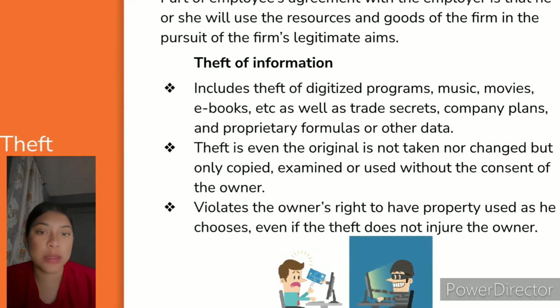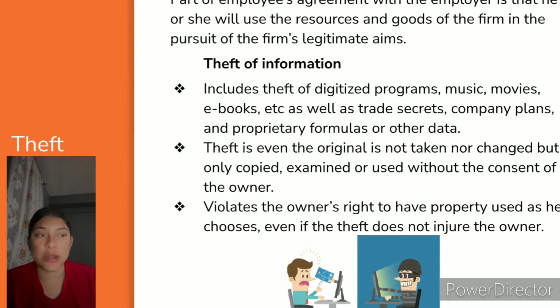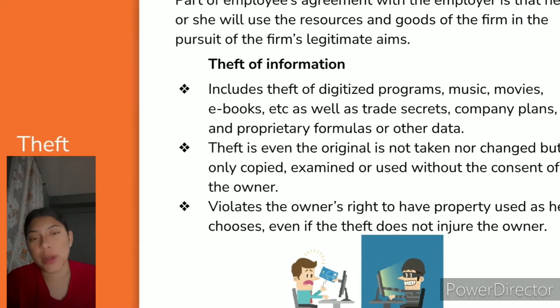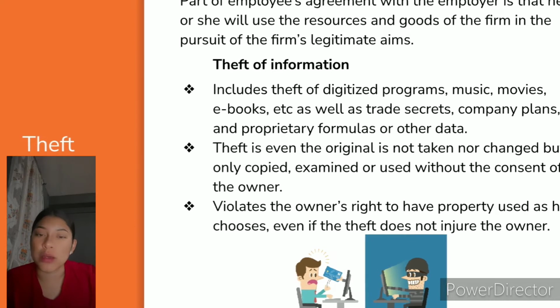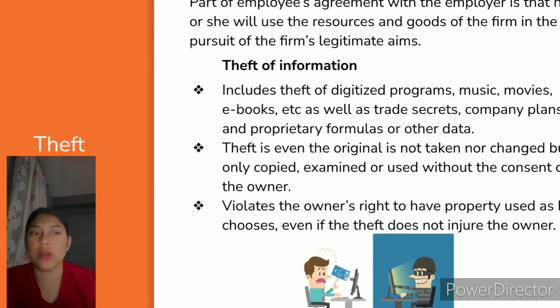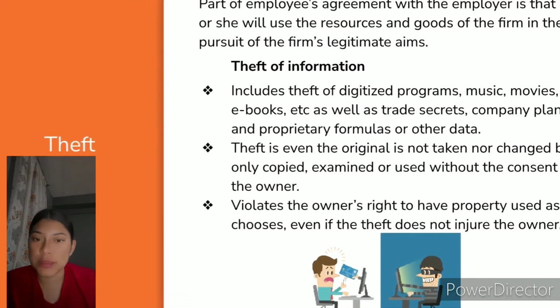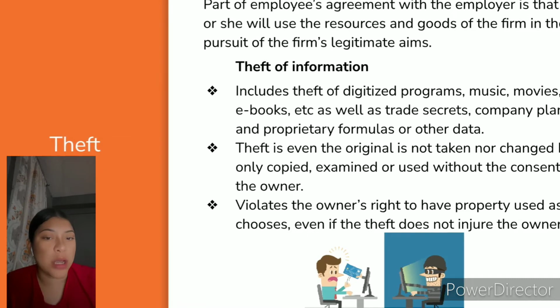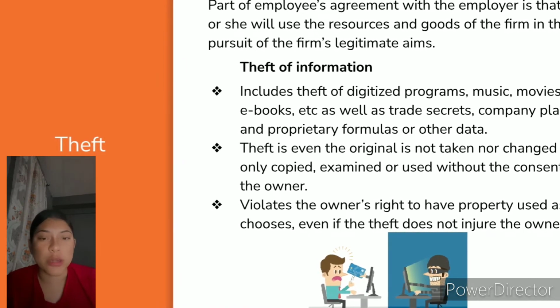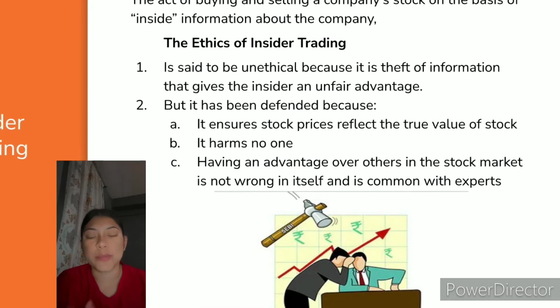It is considered theft even if the original is not taken or changed, but only copied, examined, or used without the consent of the owner. Lastly, theft violates the owner's right to have property used as he chooses, even if theft does not injure the owner themselves.